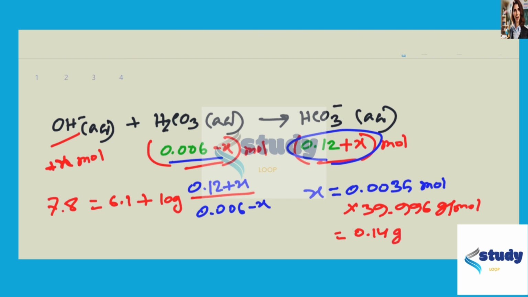So this is the mass of sodium hydroxide that can be neutralized by the buffer system before the pH rises above 7.8.